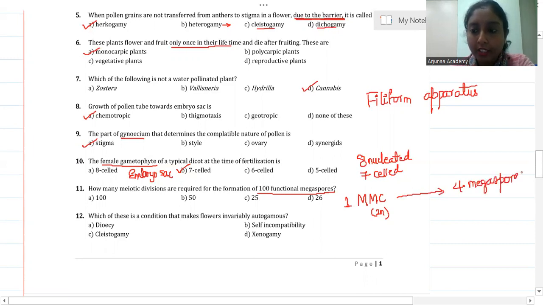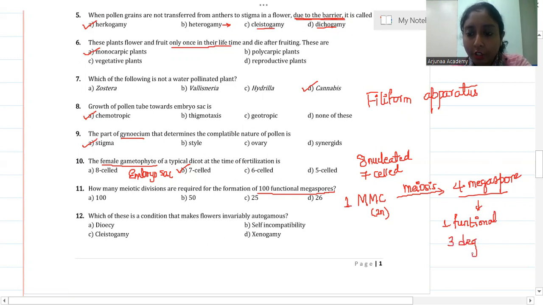This occurs by the process of meiosis. Out of these 4 megaspores, only one will be functional and the other 3 degenerate. This one functional megaspore will give rise to the embryo sac.